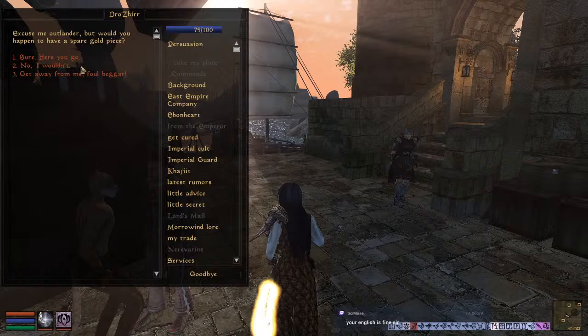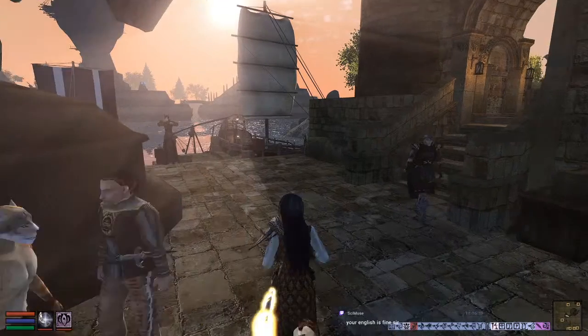I want to show you this nice feature added by this tweaked UI component, adding shortkeys starting with the number, so I can just press my one key and it should work the same as using the mouse to click over the answer.